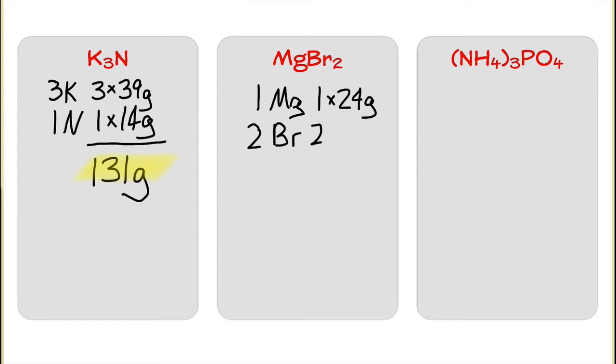And the atomic mass of bromine is about 80 grams. And when we add all of those up together, we get 184 grams for every 1 mole of this substance.